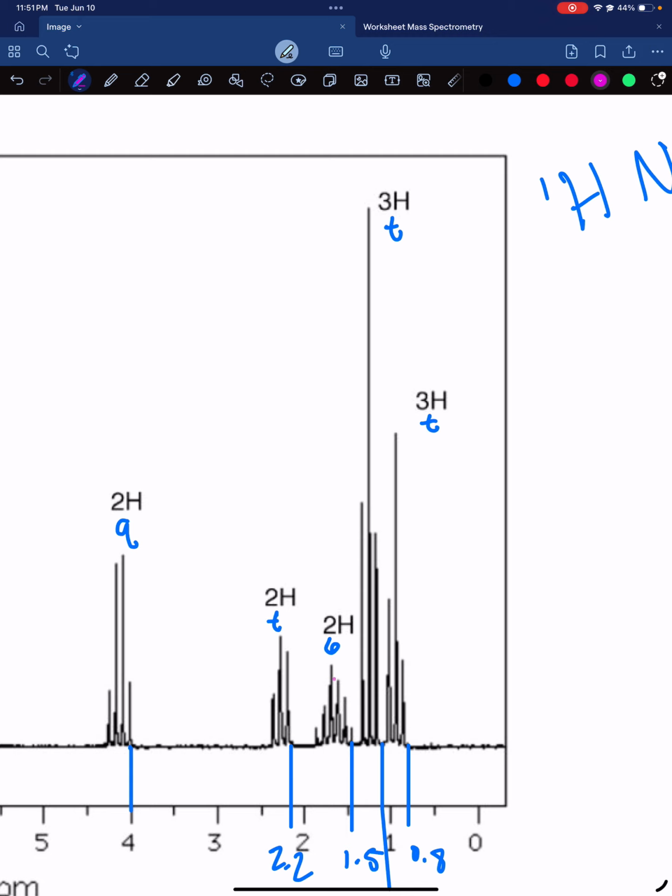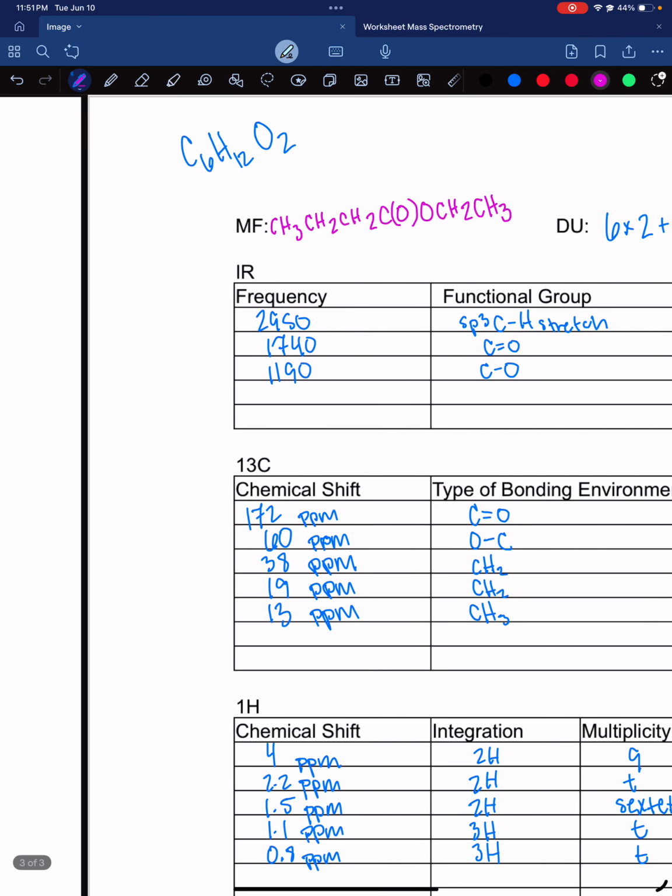This multiplicity has 6. It's a multiplet, but I just put 6 to be sure that this particular hydrogen is bonded to 5 other hydrogens, just to have that number there so I'm aware of it. The 2 hydrogens next to it are also a triplet, and then those 2 hydrogens down on the end are a quartet because it has 4 little spikes or blips.